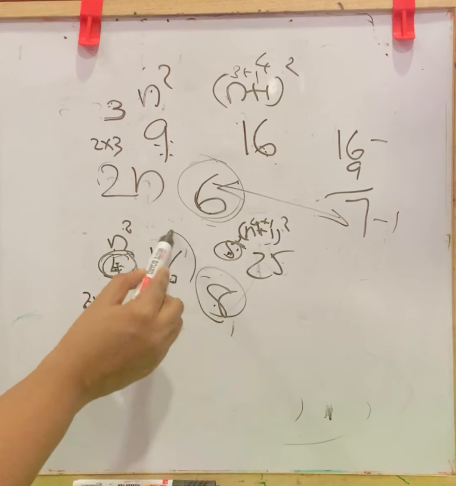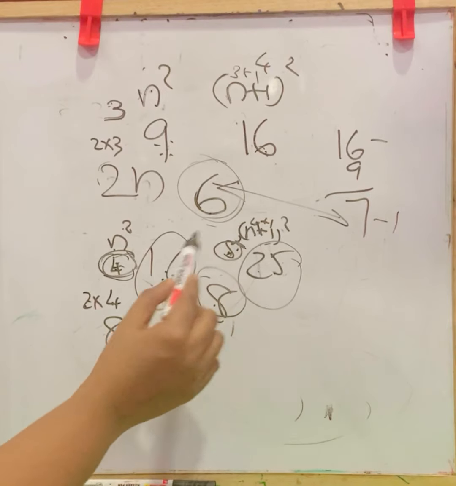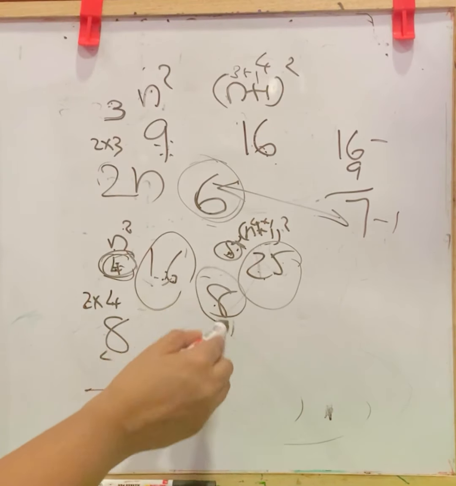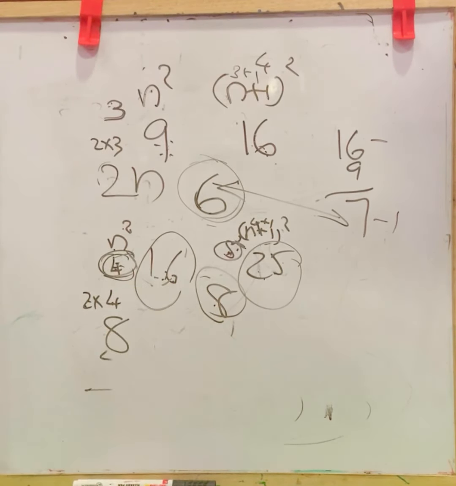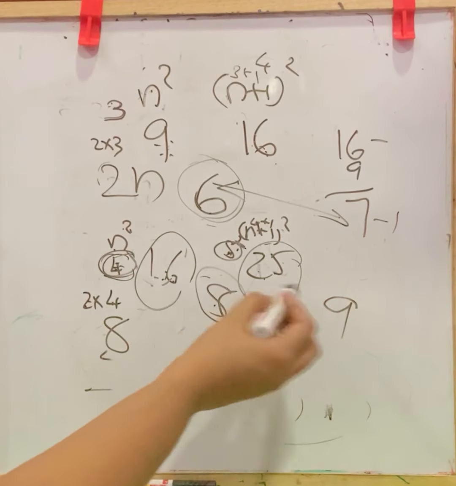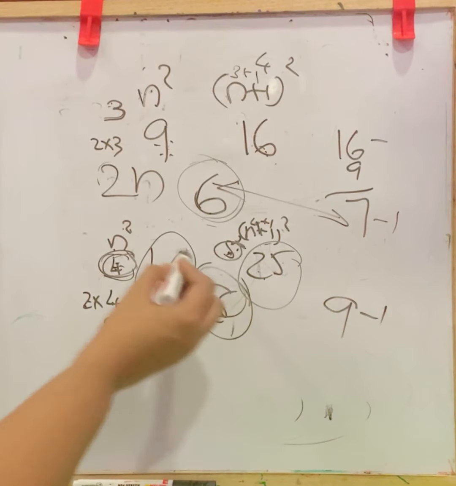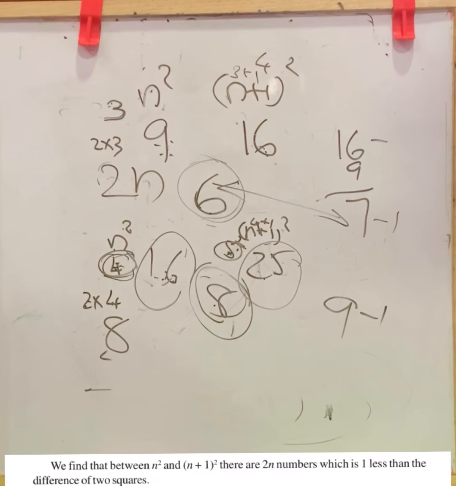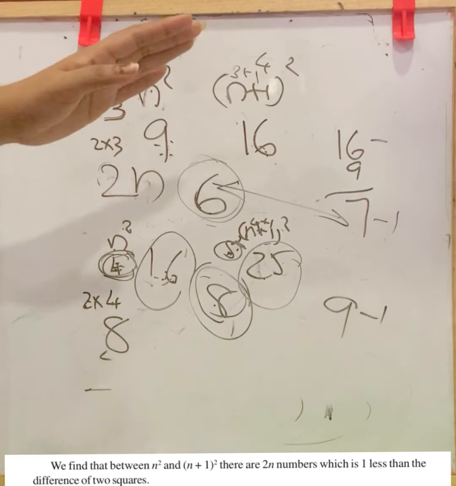Now if we are considering the square numbers, we can say their difference minus 1 will be the answer. 25 minus 16 is 9, and minus 1 will be the answer here. In general, there are 2n non-perfect square numbers between squares of n and n plus 1. Also, it is 1 less than the difference of two squares. That is what I explained here.